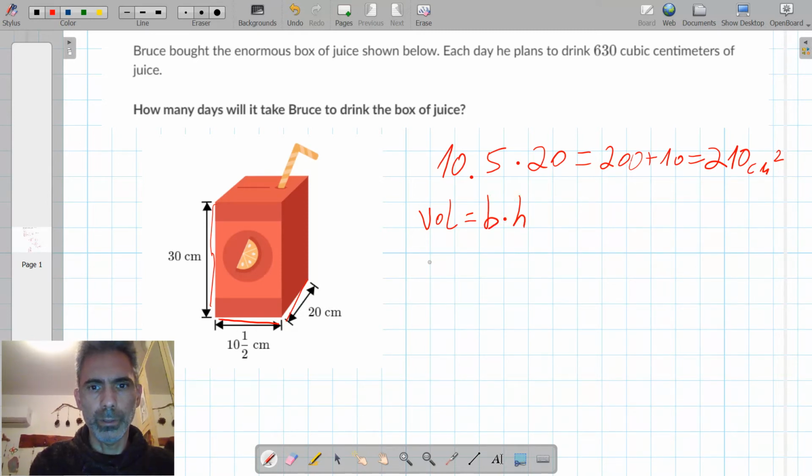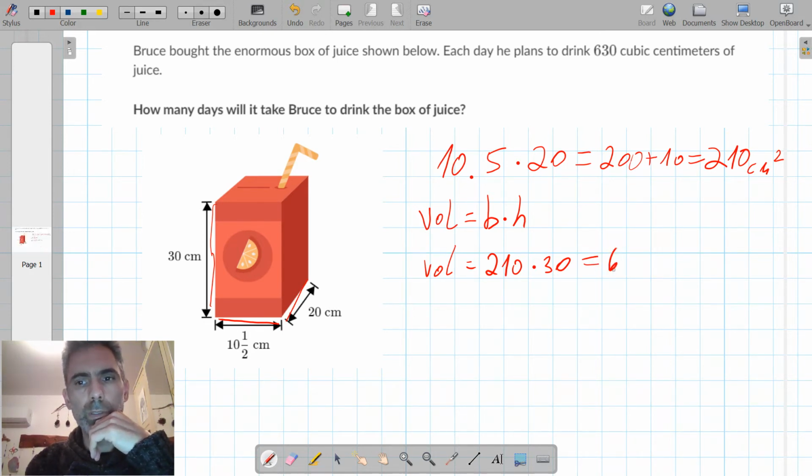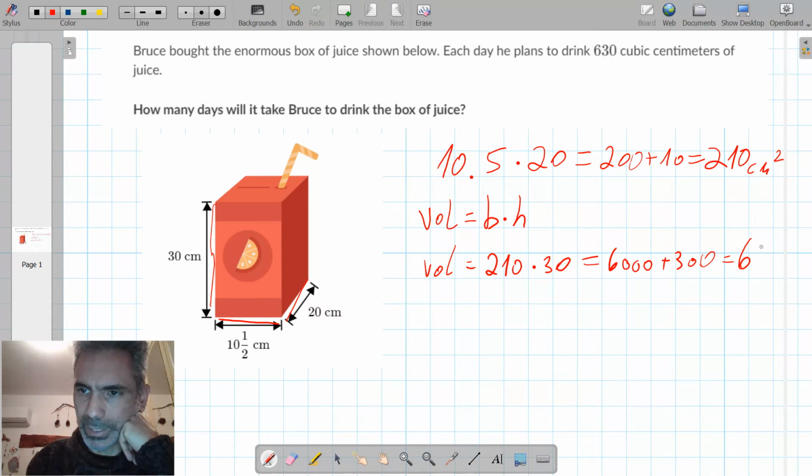The base is 210 times the height, which is 30. 200 times 30 is 6,000, and 10 times 30 is 300, so in total it is 6,300 centimeters cubed. This is the volume.